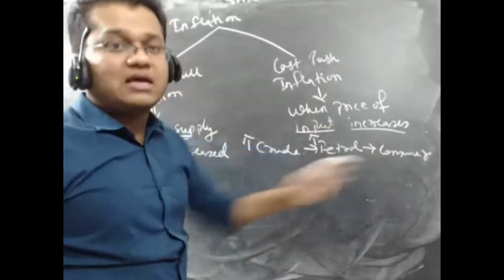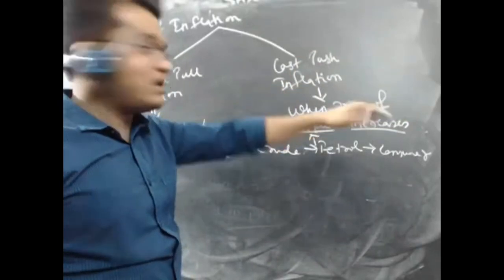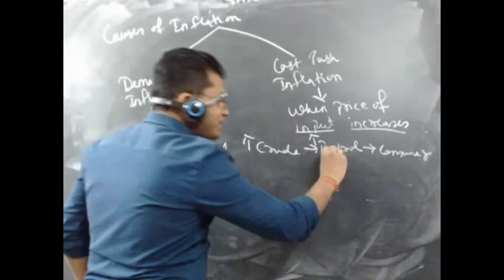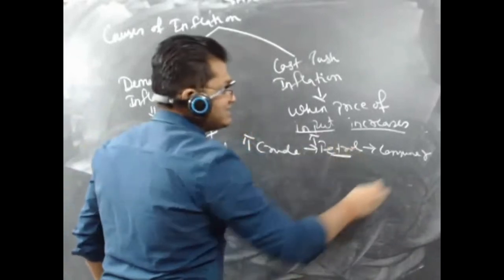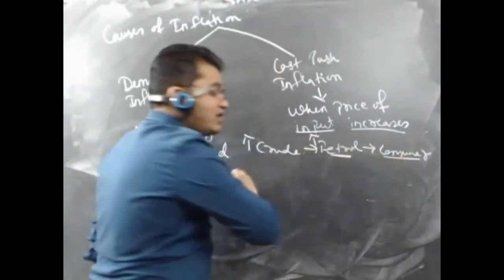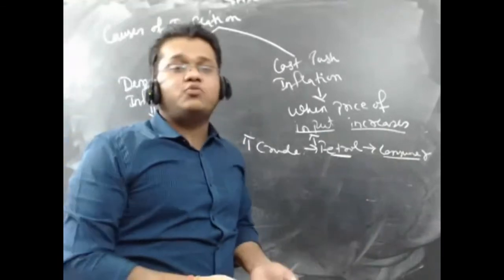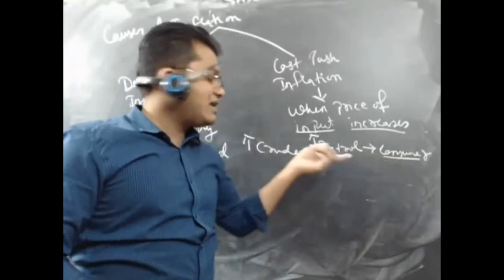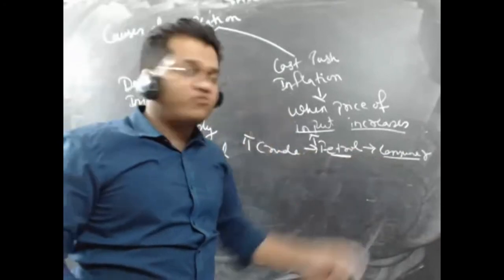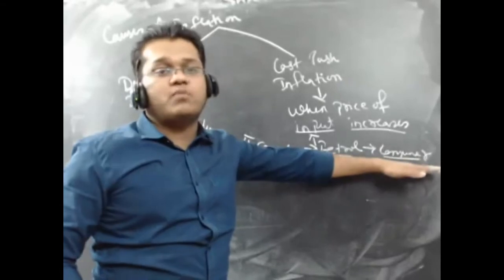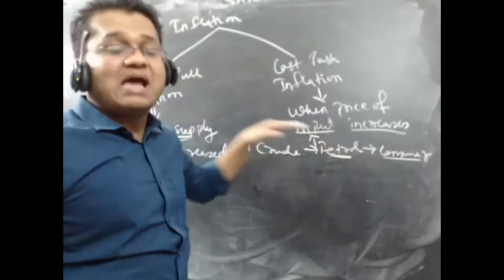This is my argument. Those people who say this is because of money supply are saying that even if the price of petrol increases, consumers will not pay the higher price because they do not have money to pay. If consumers are able to pay a higher price, then obviously there is an increase in money supply. These people have more money, that's why they are able to pay.